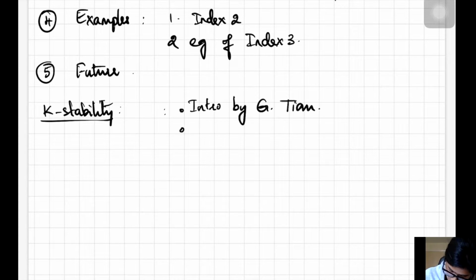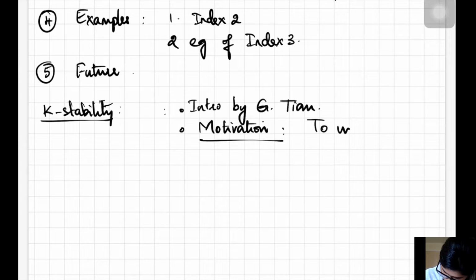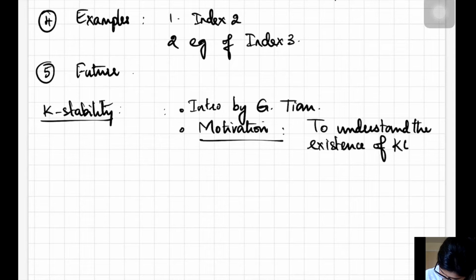And the motivation was basically in a complex geometric sense to understand the existence of Kahler-Einstein metrics. So I will tell you why we can go back and forth in case of Fanos, but this was the motivation behind even introducing the concept of K-stability.